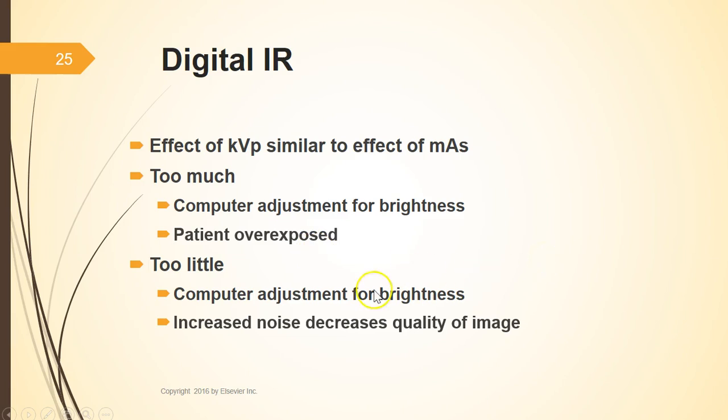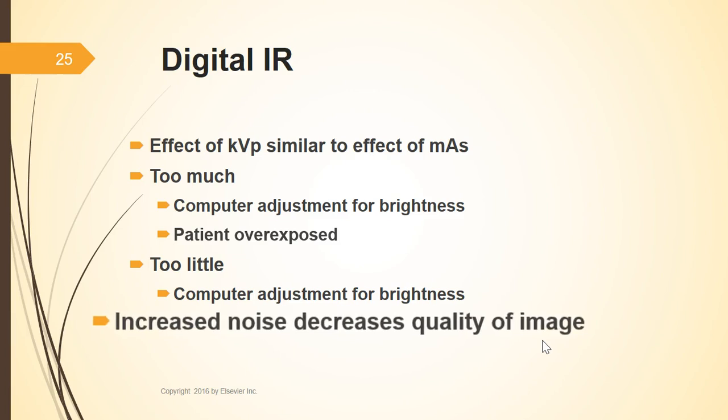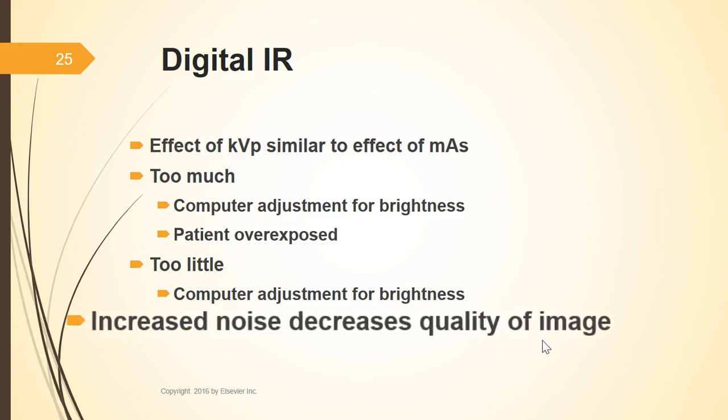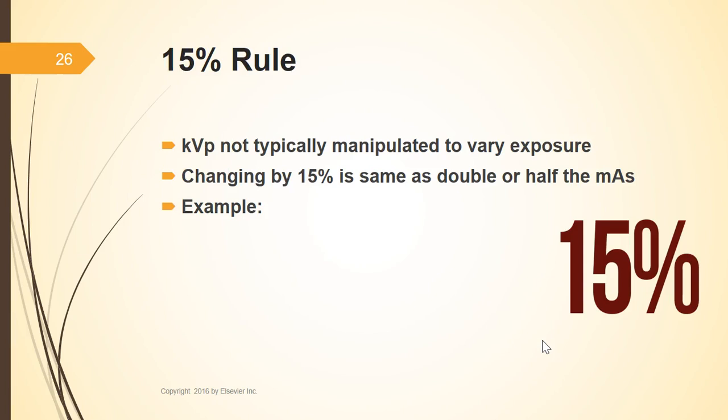If you have too little, the computer can adjust the level of brightness, but the increased noise decreases the quality of the image. So both of those are very important, and you need to know that. So the patient is overexposed, or you have increased noise, reducing the quality of the image. Both of those things are important so that you know to use the right technique the first time.